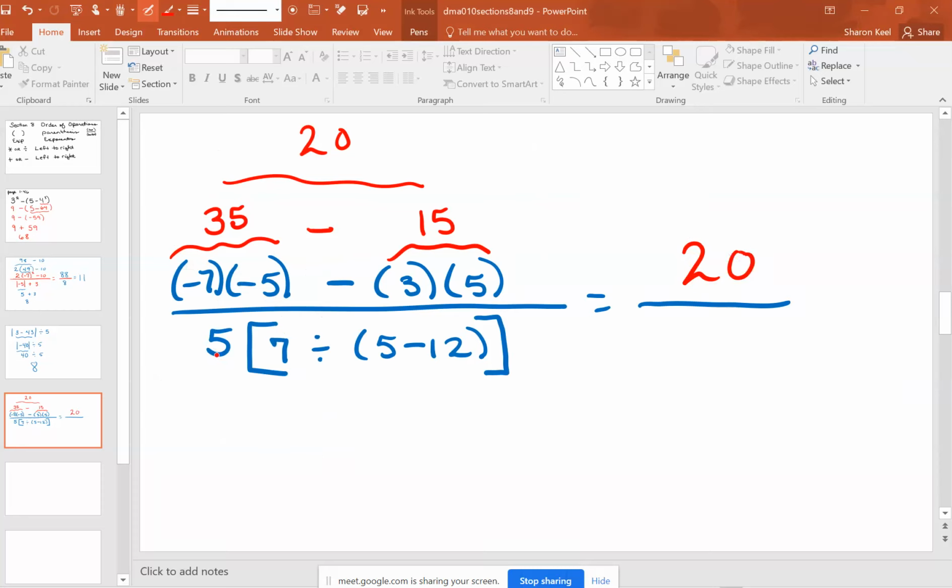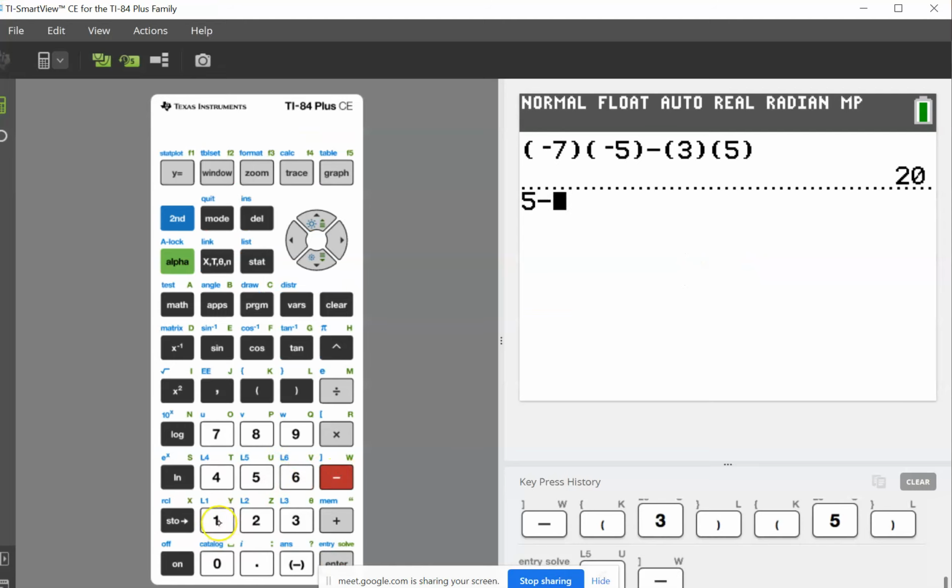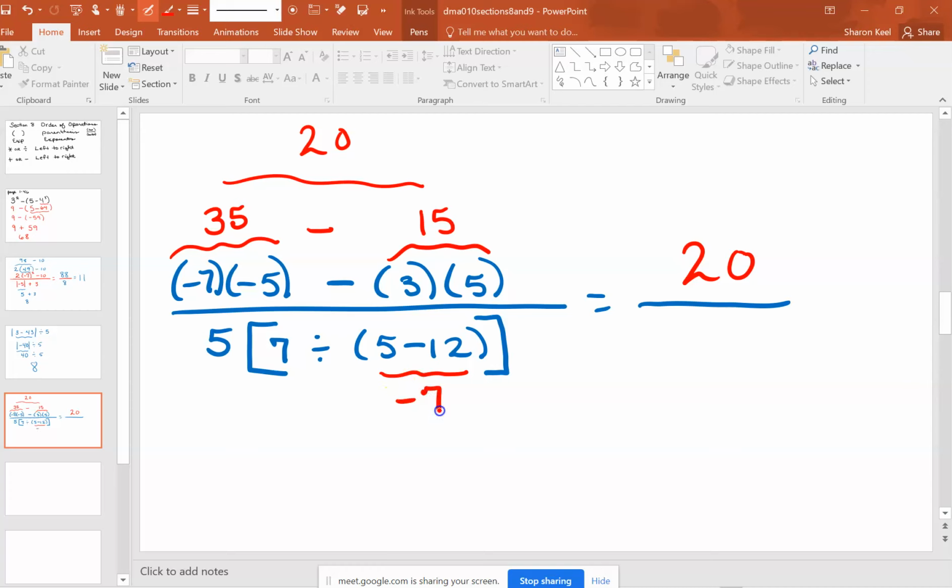In the denominator, 5 next to this parenthesis means multiplication. But inside of this, I still have another one. I have 5 minus 12. So this is what I'm going to do first. So 5 minus 12 is going to give me a -7. So I now have, and I'm just recopying, this simplified to -7.